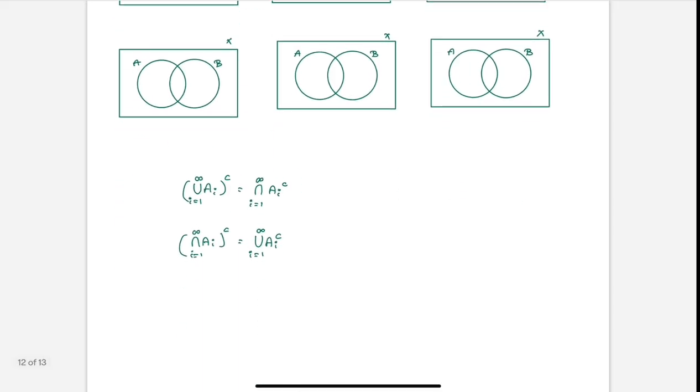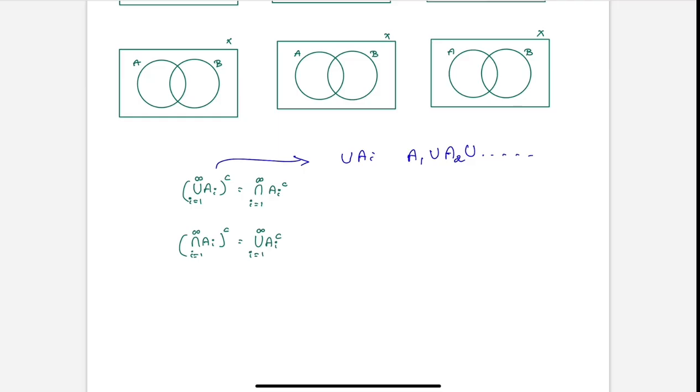This De Morgan's law is not only meant for 2 sets or 3 sets or finitely many sets. In fact, you can go for infinitely many sets. So this is De Morgan's law. Here, the union of Ai's, this notation, if you don't know, just means you are taking the union of Ai's, that is A1 union A2 union, and so on up to infinity.